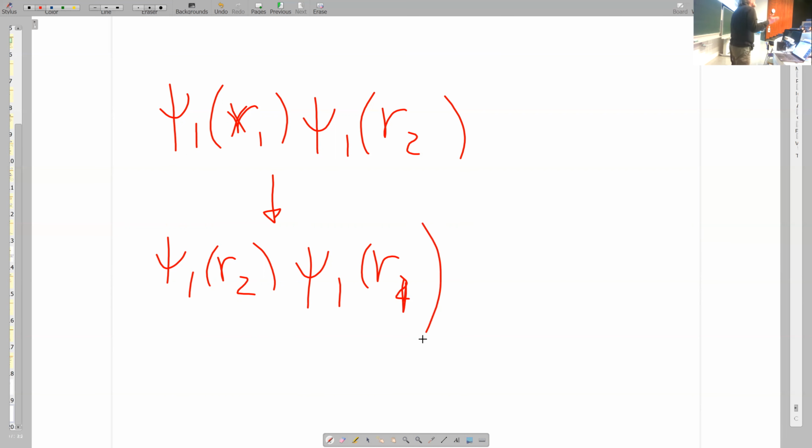But is it really an alternative? It's the same wave function. Right? If I try to anti-symmetrize it, I just get 0. If I symmetrize, that's no problem. I just take it twice. It's okay. So two bosons can be in the same level. Two fermions cannot. Or, in other words, this function is already symmetric with respect to exchange. There's nothing to do.